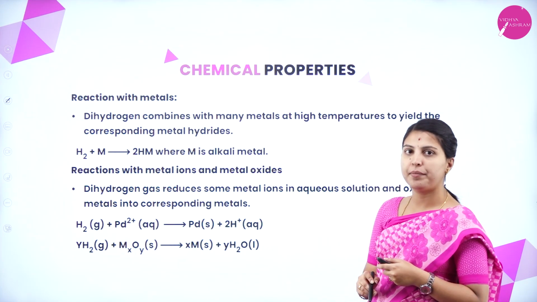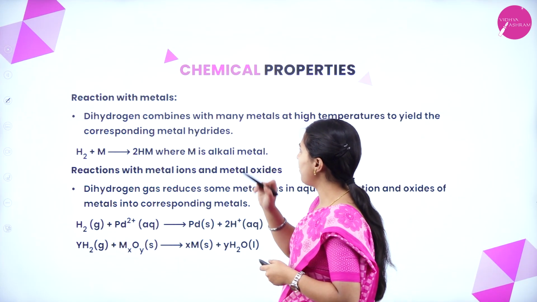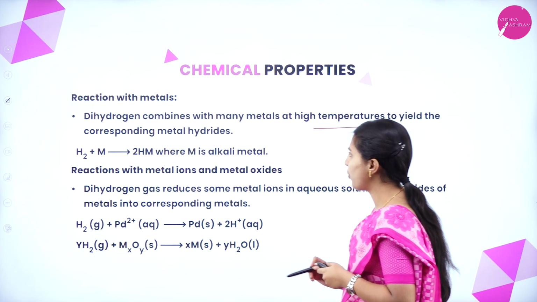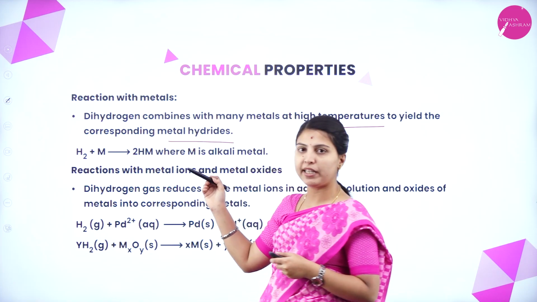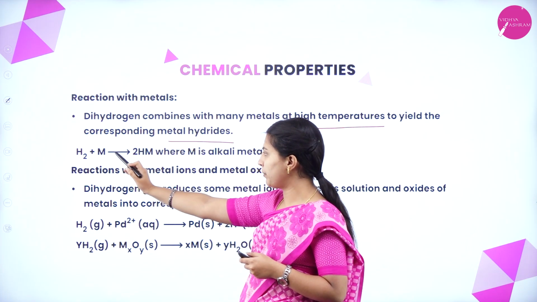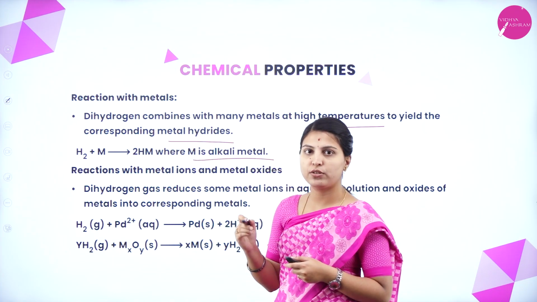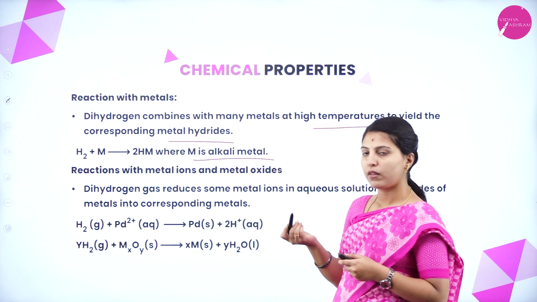Next, reaction with metals. Dihydrogen combines with many metals at high temperatures to yield the corresponding metal hydrides. If dihydrogen reacts with a metal, it will form a metal hydride, where M is an alkali metal like sodium, potassium, rubidium.